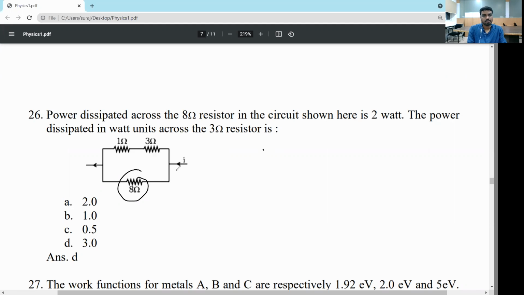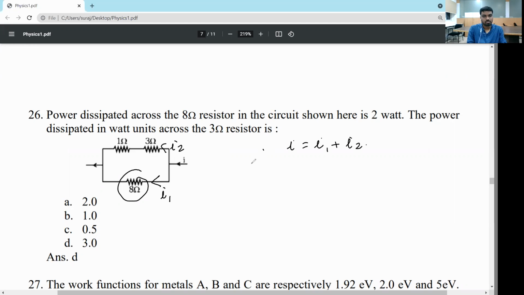V into I. This is, let's say, I1. This is I2. I equal to what? I1 plus I2. So if I can find I2, I can find power here, right?